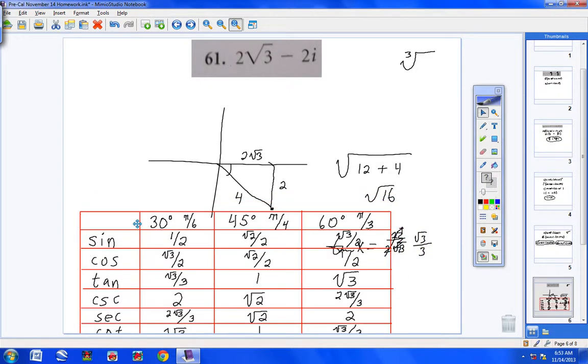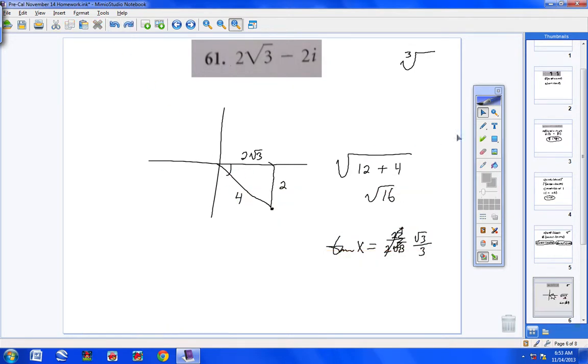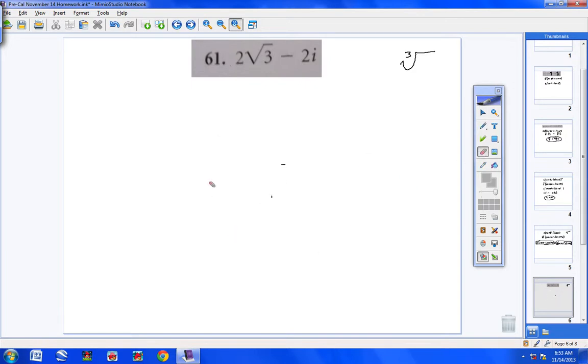So the tangent of 30 would give me square root of 3 over 3. So I know that my angle inside the triangle is 30, so I'm going to rotate around to the hypotenuse. That's 330 degrees. So my hypotenuse is 4, and my angle is 330 degrees.